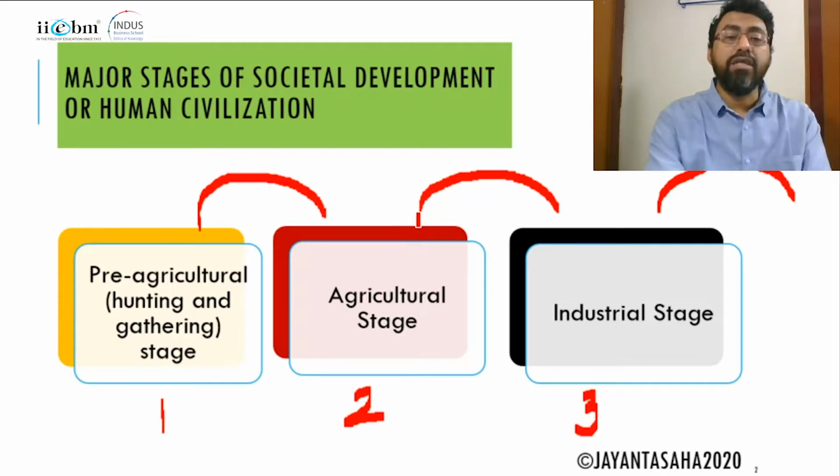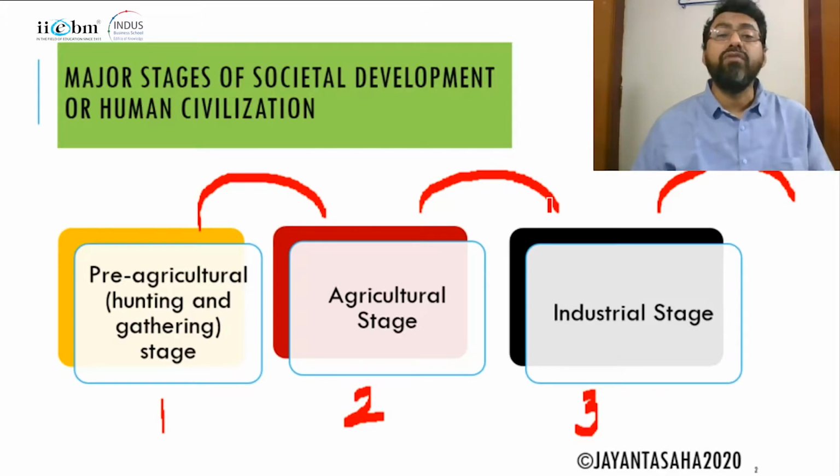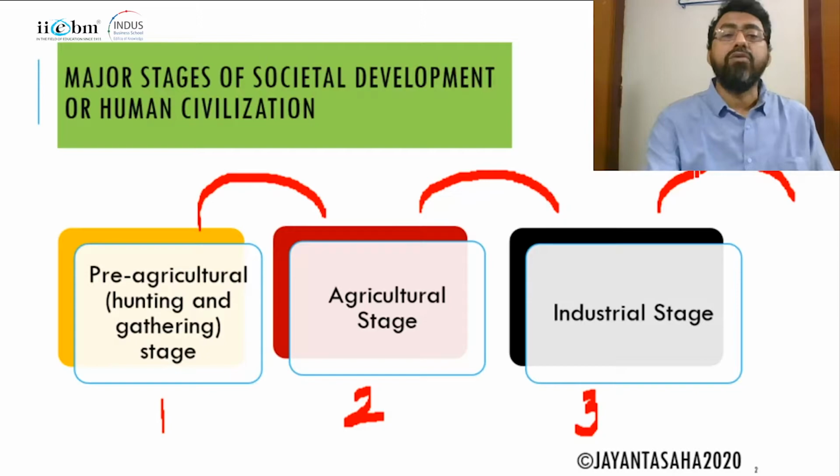Likewise, from the agriculture stage to the industrial stage, once this leap was made, one can argue that human beings were existing according to another paradigm. So it is the second wave of human civilization. And some argue that the industrial stage to the knowledge economy is the third wave of human civilization.